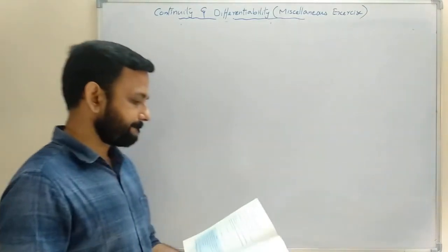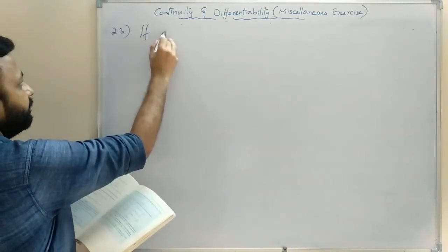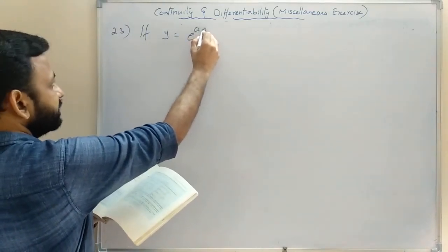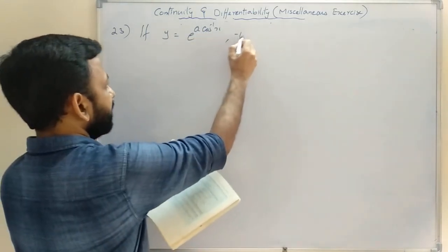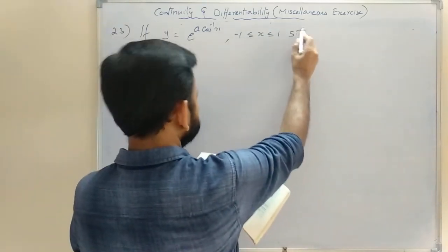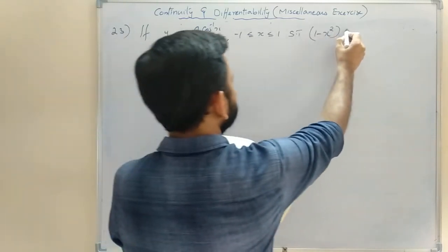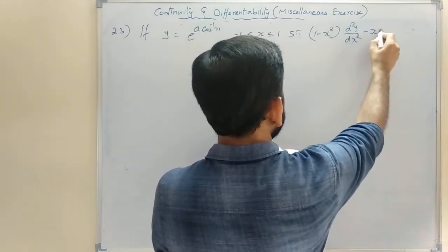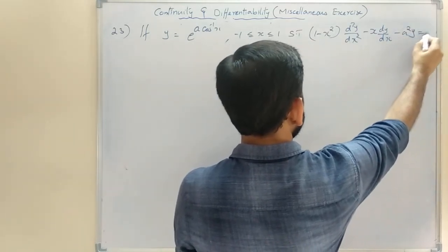So here, question number 23: if y is equal to e raised to the power a cos inverse x, for minus 1 less than or equal to x less than or equal to 1, show that 1 minus x square into d square y by dx square minus x into dy by dx minus a square y equal to 0.